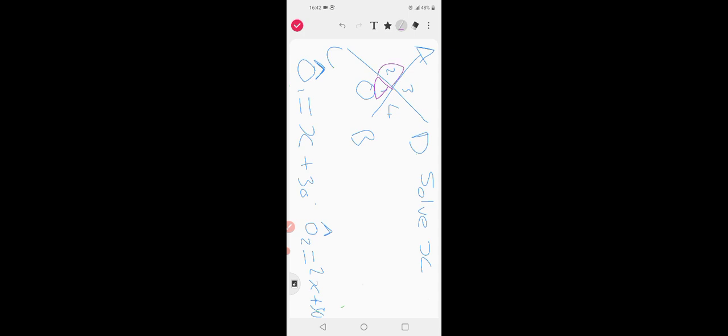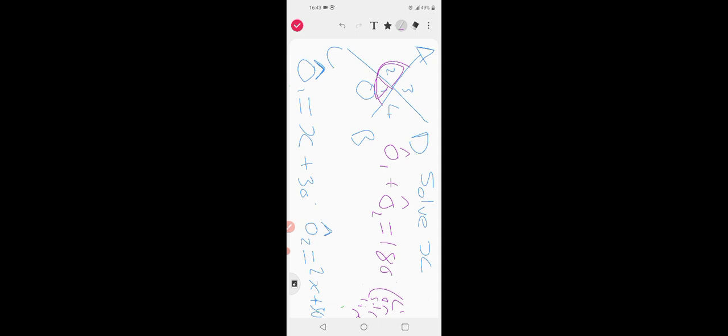So we've got an x and we've got straight lines, but these ones are not vertically opposite because together, they make a half circle. So let's use that. So if we have the one angle, O1, plus the other angle, O2, is going to equal 180 degrees. And our reason for that, so you have to write the reason, is angles on a straight line.